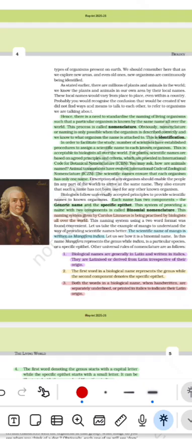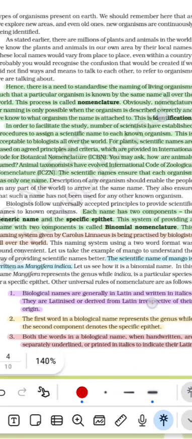Okay, let's start, boys and girls. Description of any organism should enable people in any part of the world to arrive at the same name. They also ensure that such a name has not been used for any other known organism.